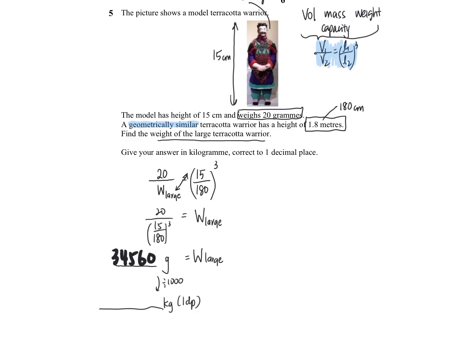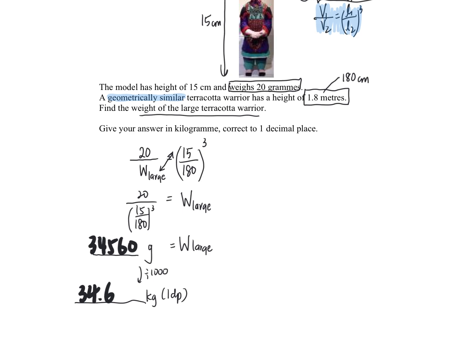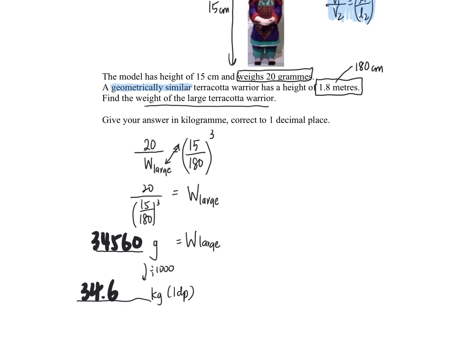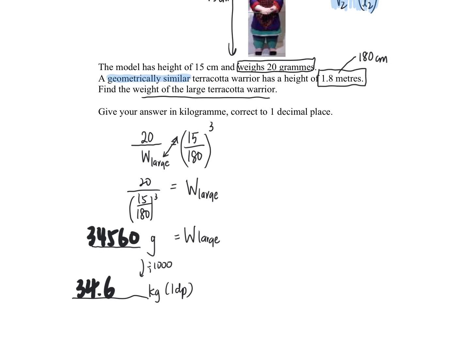So it will be divided by 1,000, 34.56, or 1 dp, so 34.6. Usually when it's exact, we leave it as exact, but because this question specifically specifies 1 dp, we need to follow.